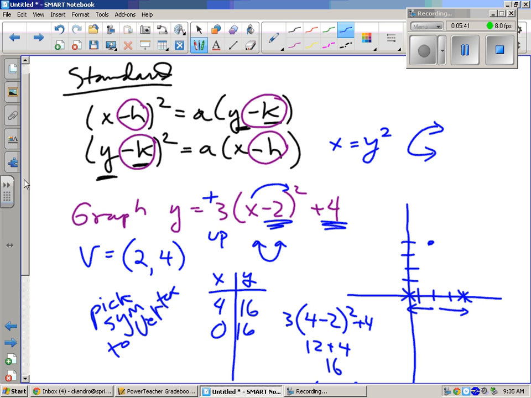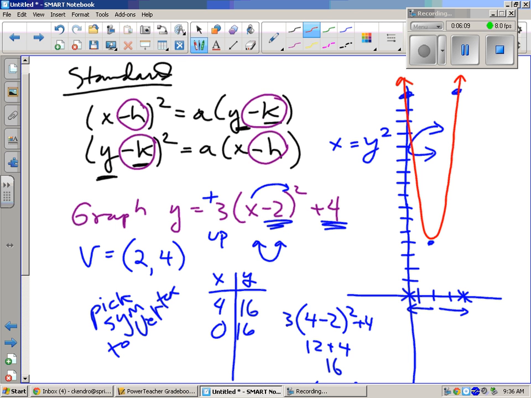So 4, let's see, I'm going to have to make my graph way up here. 5, 6, 7, 8, 9, 10, 11, 12, 13, 14, 15, 16. So we go over 4 and 0, and my new parabola, my beautiful parabola, should look something like that. Okay, so you find your vertex first, and then you have to pick 2 more points and pick them symmetrically, and it will be easy.